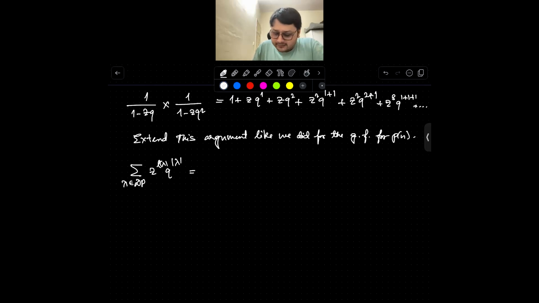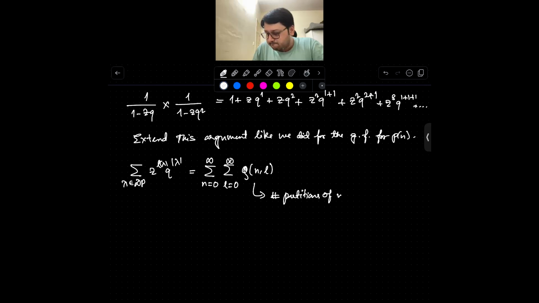And this is equal to, you can write this again as a double sum. So this will be n going from 0 to infinity, l going from 0 to infinity, and let's write q and l, where this is now the number of partitions of n into l distinct parts, z raised to the l, q raised to the n.